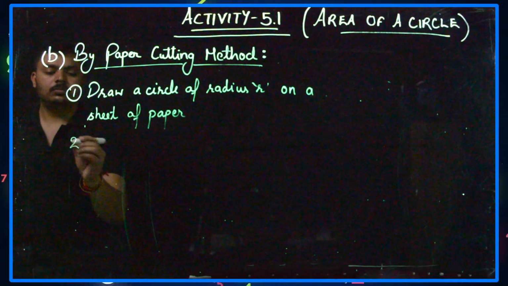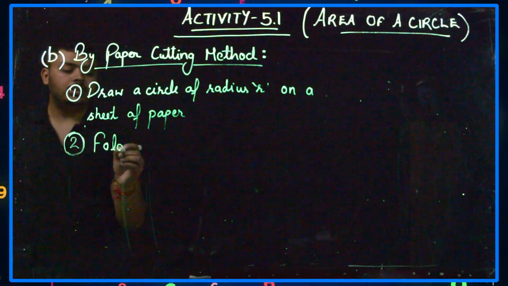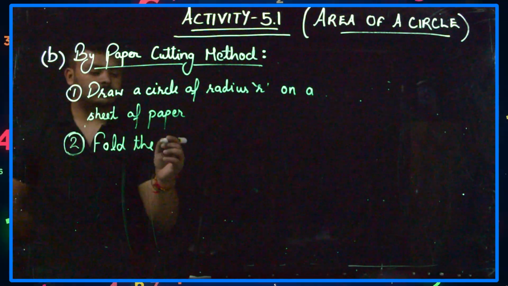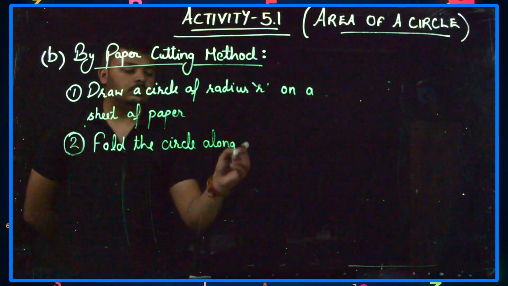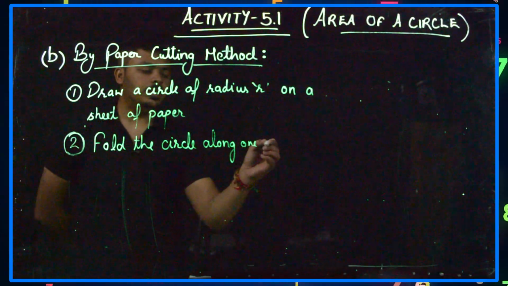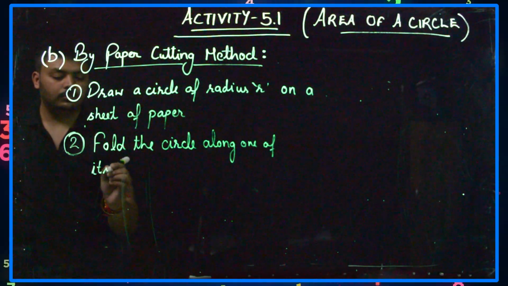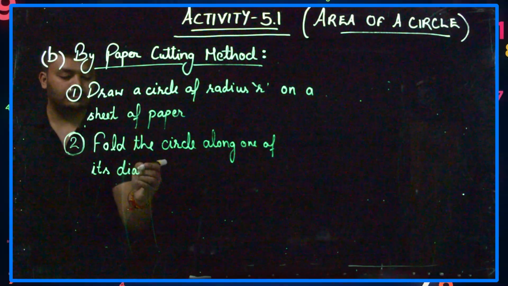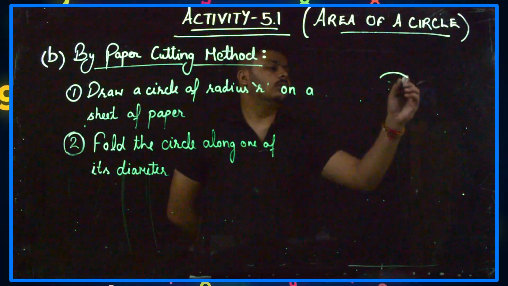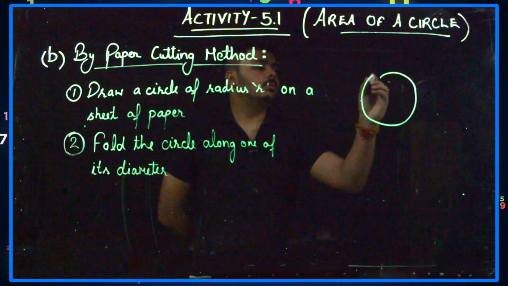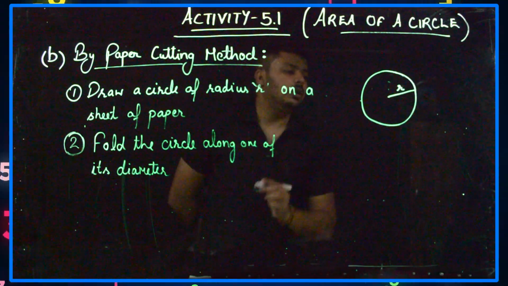Step 2, fold the circle along one of its diameter. Suppose this is the circle of radius r.